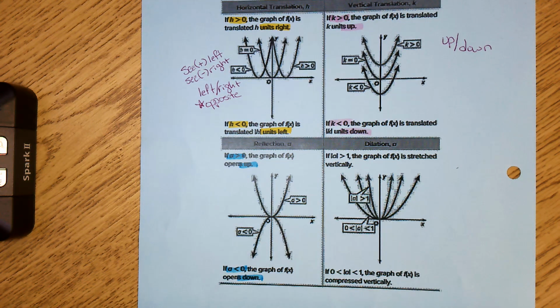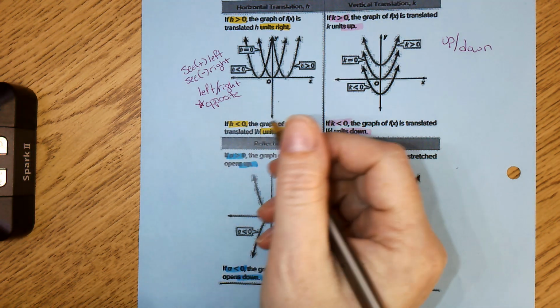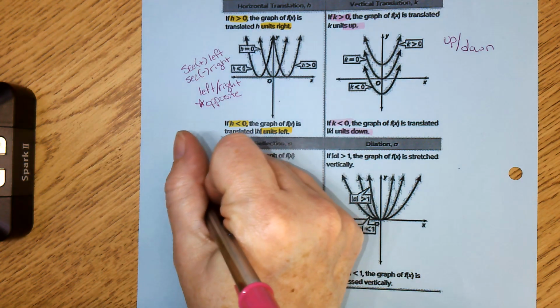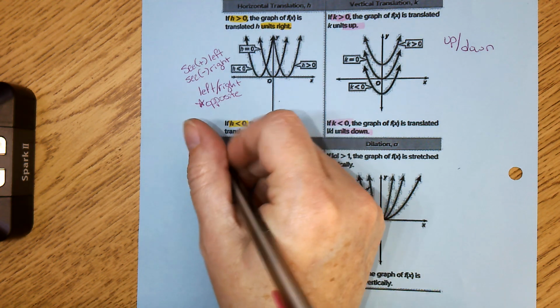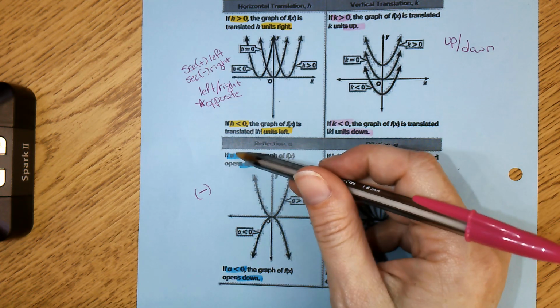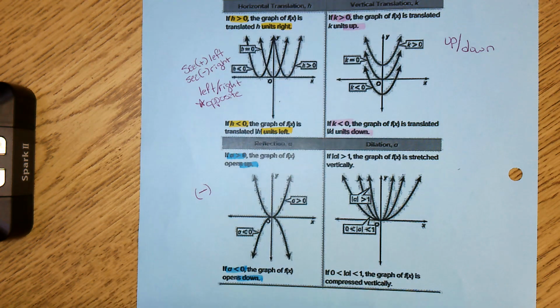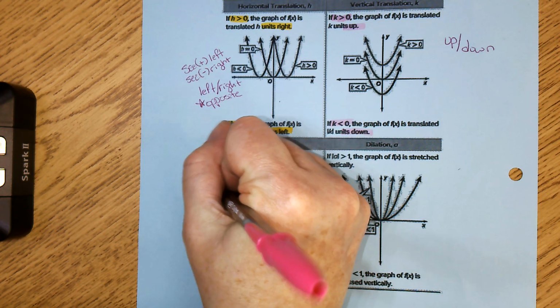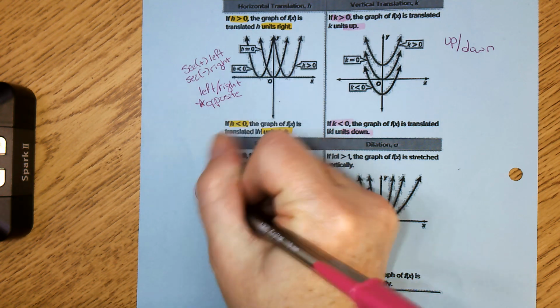So if there is a change, you are just reflecting it over the x-axis. So if it starts positive and then it's negative, then it flips. It reflects over the x-axis.